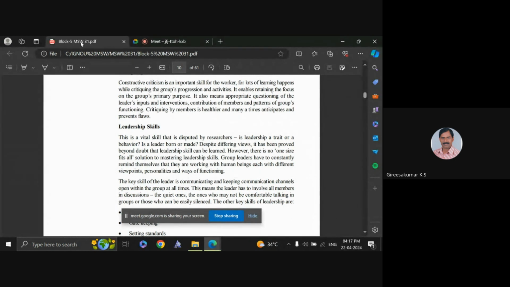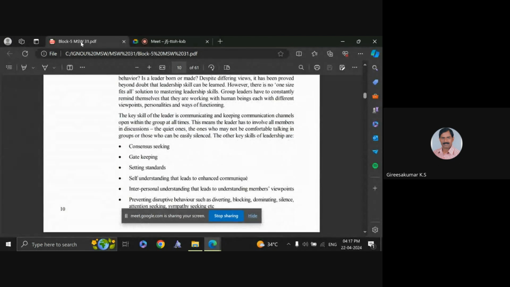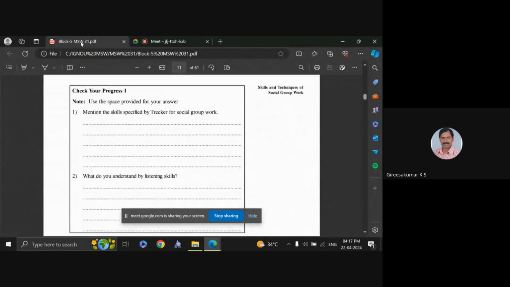A social worker must be a very good leader, otherwise he won't succeed in communicating, understanding, decision making, and listening. Conflict solving, consensus seeking, gatekeeping, setting standards, everything. He must be a very good leader.